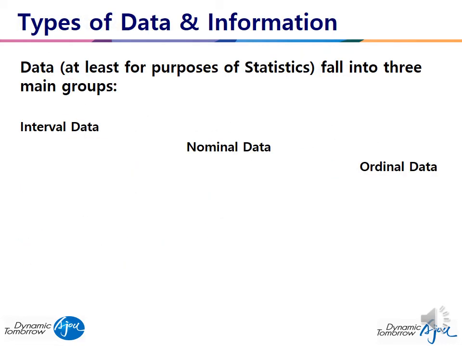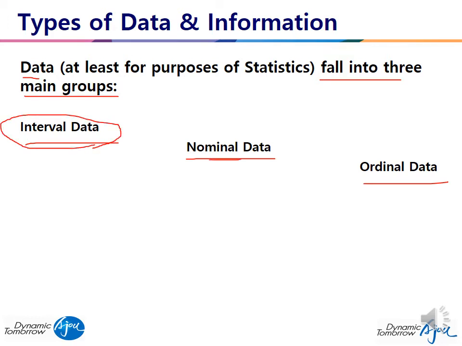And these are the types of data. As you can see, data fall into three main groups: interval data, nominal data, and ordinal data. You should know the definition of each.